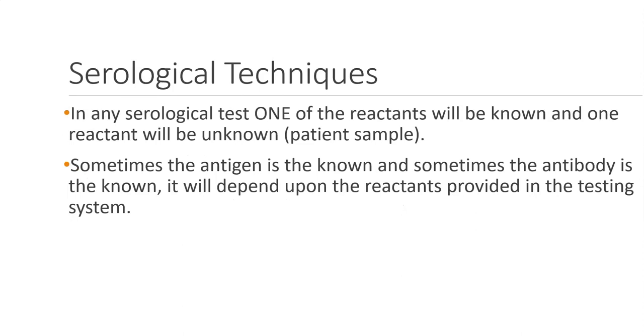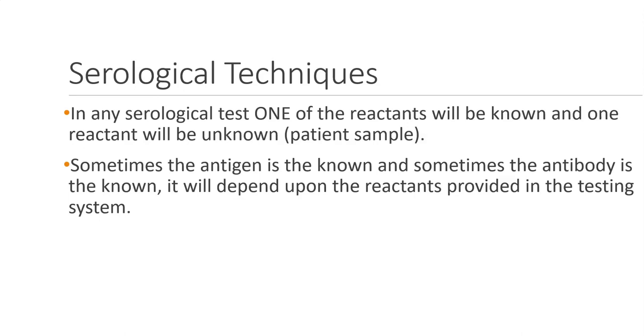We're going to start talking about the serological techniques. I want you to know that in any serological test, one of the reactants will be known and one reactant will be unknown, which is the patient sample. Sometimes the antigen is known and sometimes the antibody is known. It will depend upon the reactants provided in the testing system.